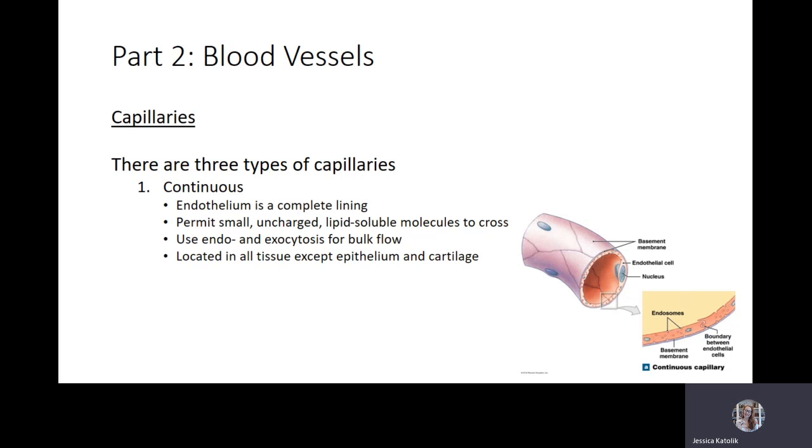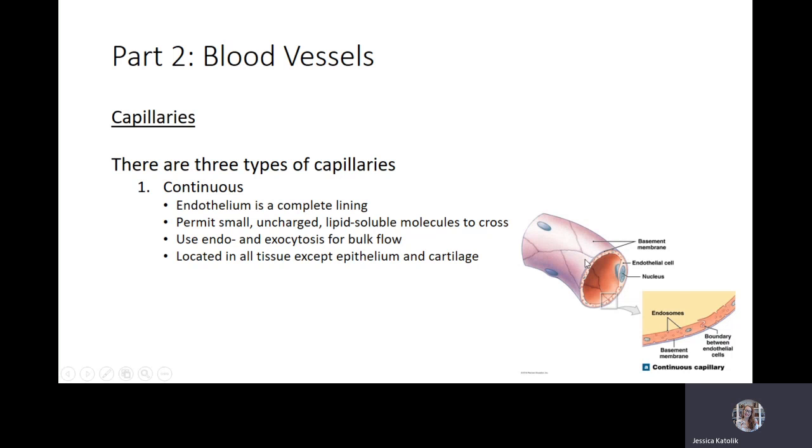Continuous capillaries are going to be the typical capillaries that are found in our body. And what we'll see here is the endothelial cells are going to be a smooth surface, and there's no holes or any features like that going to be in the endothelium, and that's going to be important when we talk about other types of capillaries.